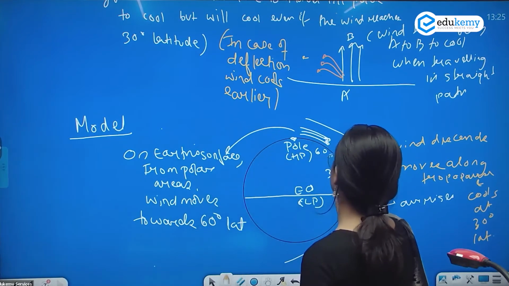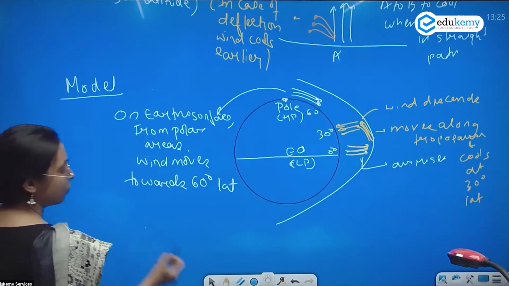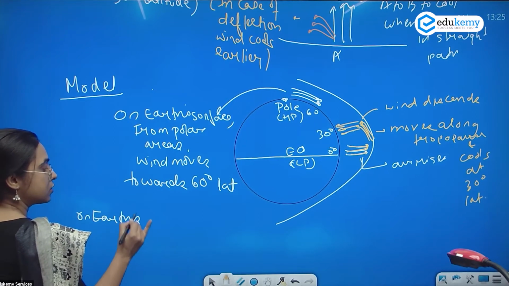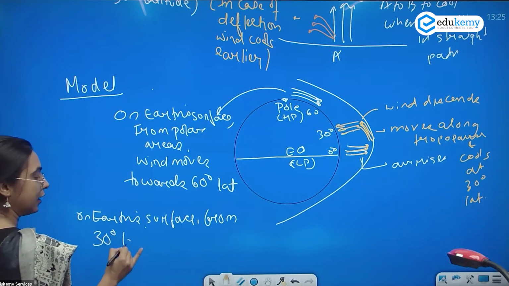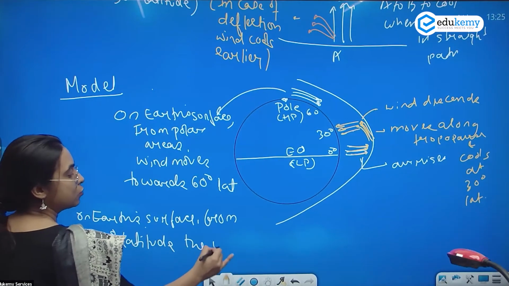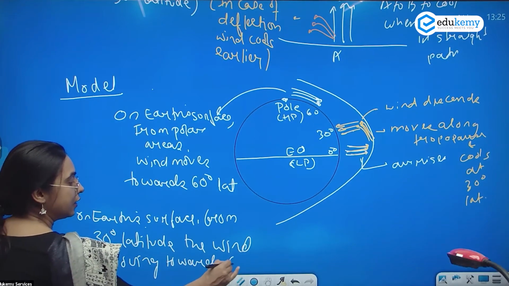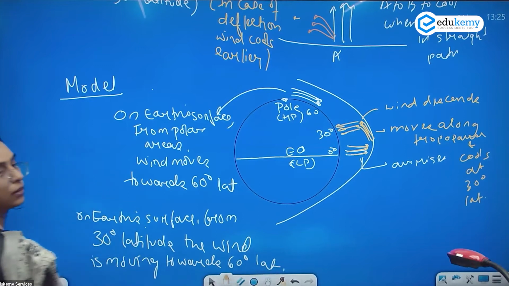This is 30 degree, this is 0 degree. And also write here, on the Earth's surface, from 30 degree latitude, the wind is moving towards 60 degree latitude.